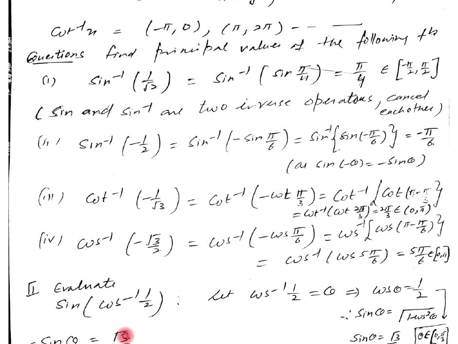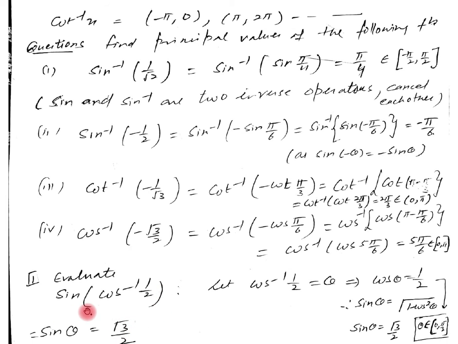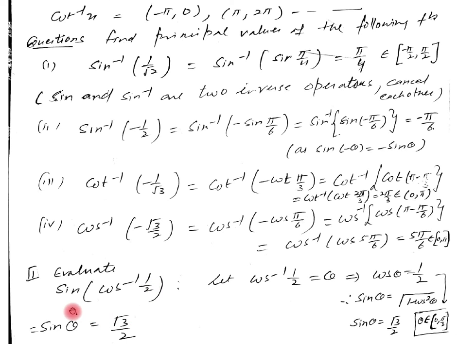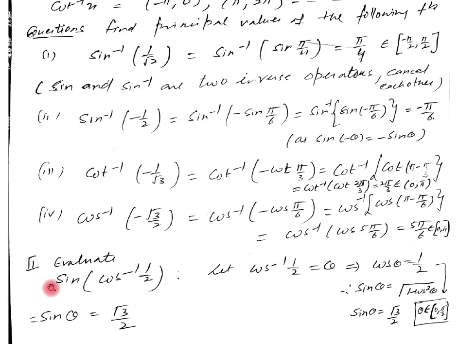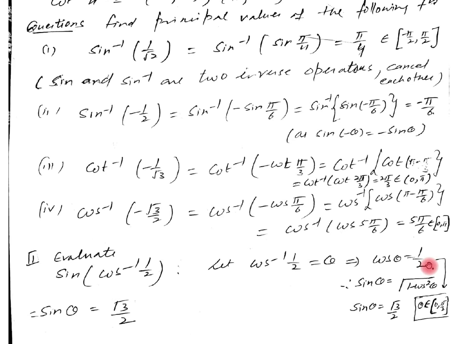Now, the question is: evaluate sine of cos inverse 1 by 2. In most inverse trigonometric function problems, the solution starts by putting the given inverse function equal to theta. Now we put cos inverse 1 by 2 equal to theta. This implies cos theta equals 1 by 2, which is positive.